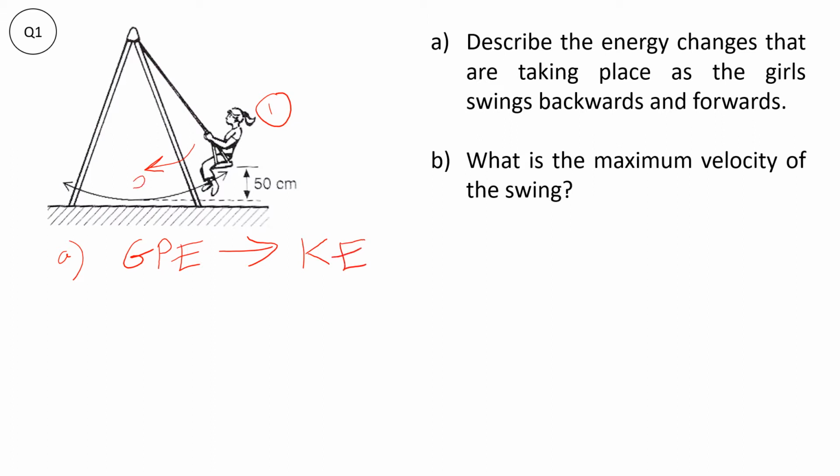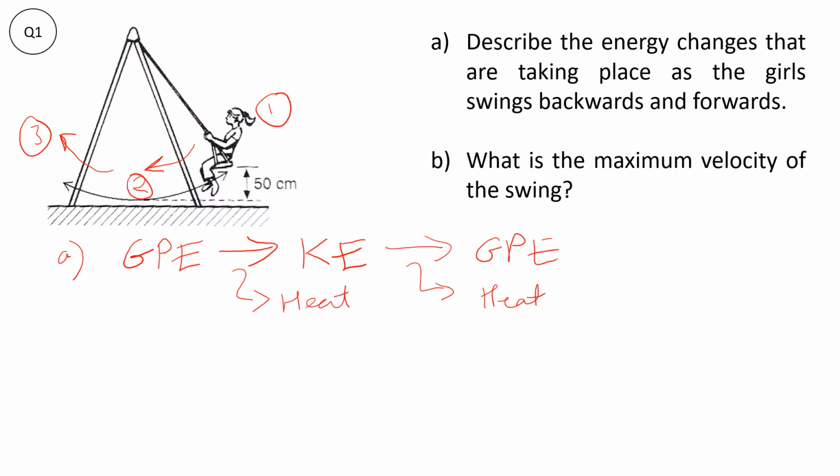So at position 2, here she's got maximum KE, she's moving the fastest. She continues to swing up that way to position 3, where it all returns back to GPE again. And this process just continues to repeat. Now, there is some energy loss all the time, so a little bit is lost because there's friction as heat all the time.